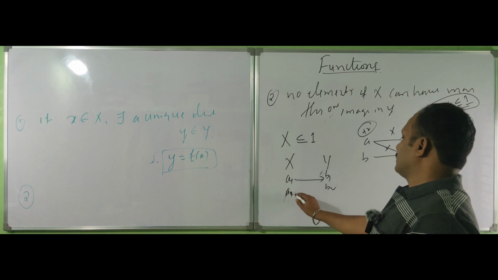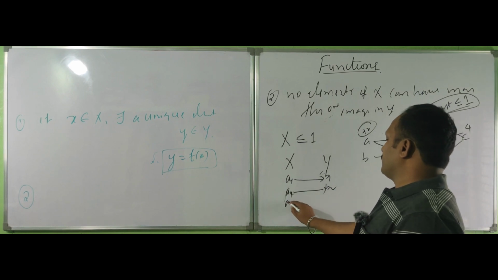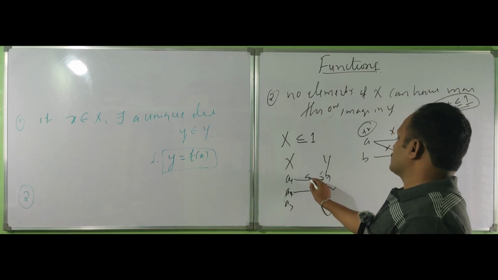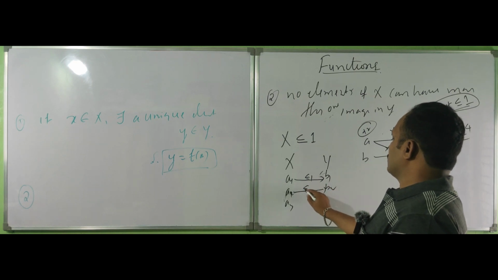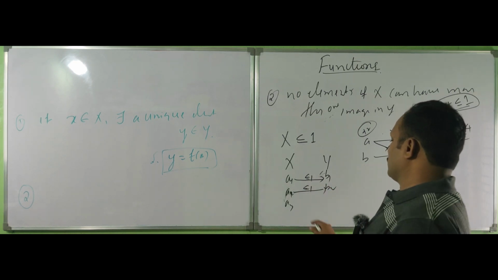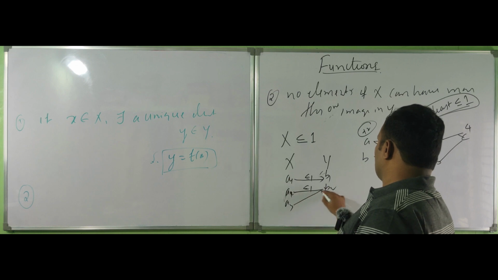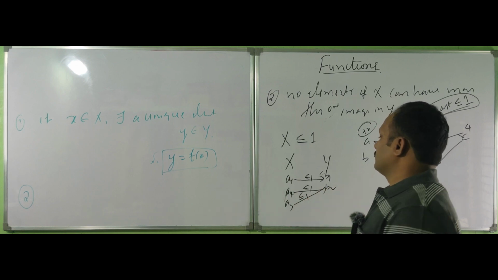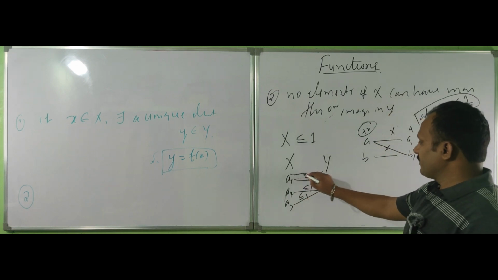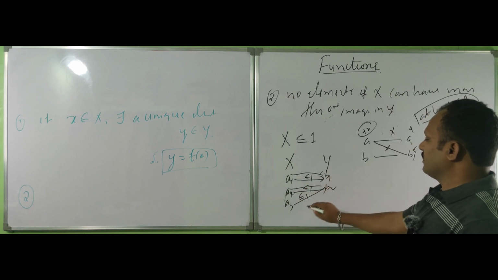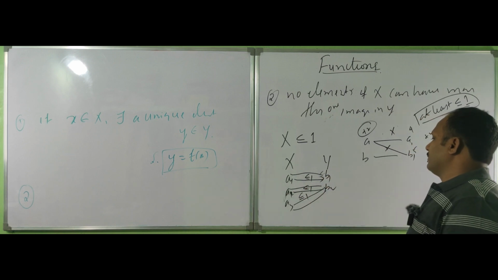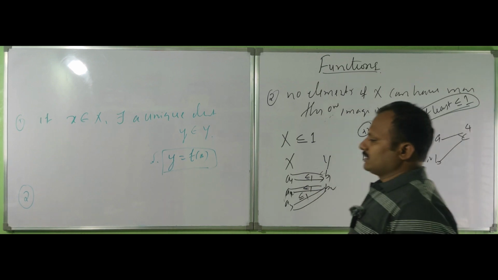This is less than or equal to 1. Every single element can have one element. This is the second condition.